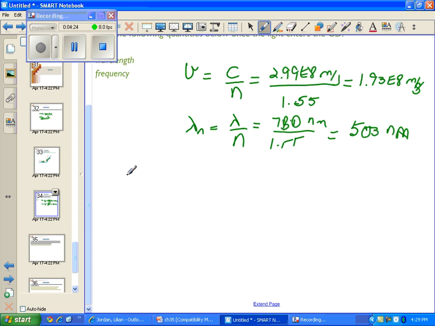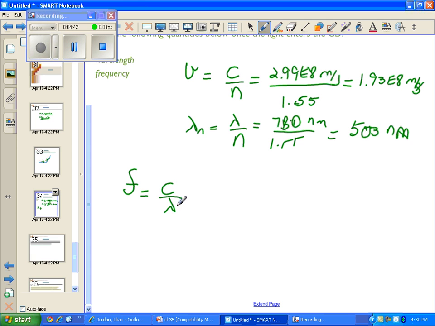And last, the frequency of the light, well, remember that it's going to be unchanged, whether we are in the plastic of the CD or we're in the air. And in either way, we obtain it as the ratio of speed over wavelength.